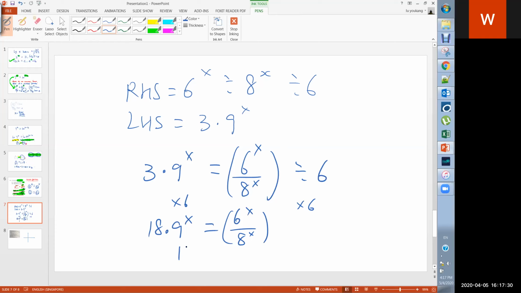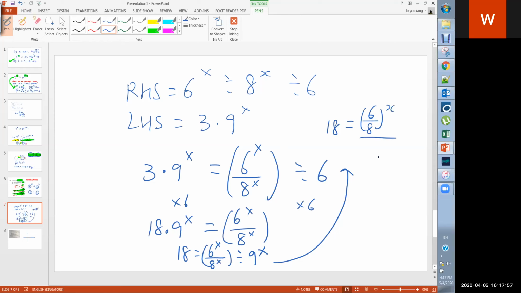Your 18 is equal to 6x 8 to the power x divided by 9x. Then what you end up with is this. So you have 18 and that is equal to 6 over 8x divided by your 9x.